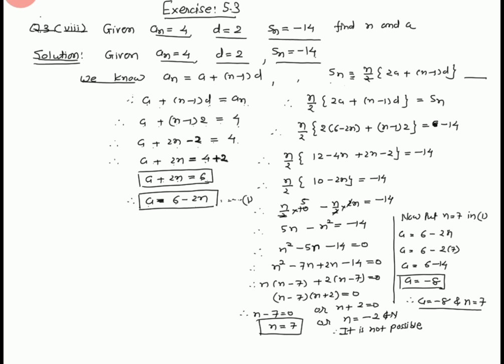Now put the value in the second formula. Sn equal to n upon 2 into 2a plus n minus 1 into d equal to Sn. n upon 2 into 2 into the value of a. What is the value of a? From 1, 6 minus 2n, plus n minus 1 into the value of d equal to 2, equal to minus 14.